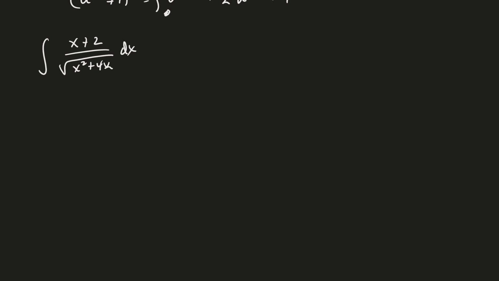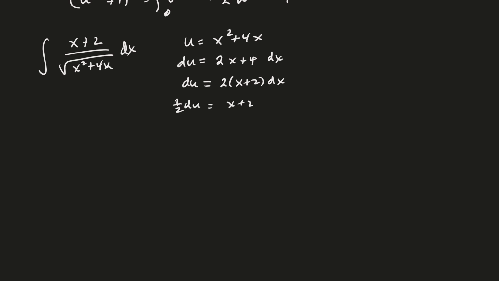All right, did you guess that u is equal to x squared plus 4x? So that du would be 2x plus 4 dx. Let's see, I see an x plus 2, but not a 2x plus 4. So I could rewrite that as 2 times x plus 2 dx. And then I could make that 1/2 du, just to make sure that I have the same thing here that I have here, right?